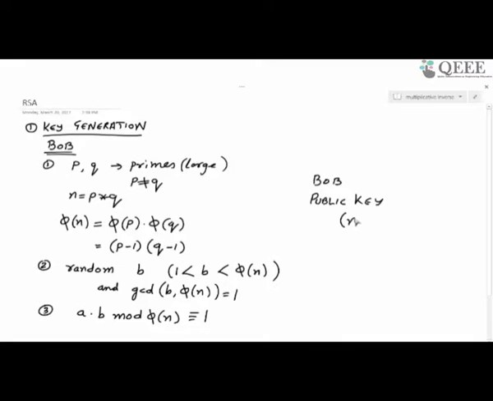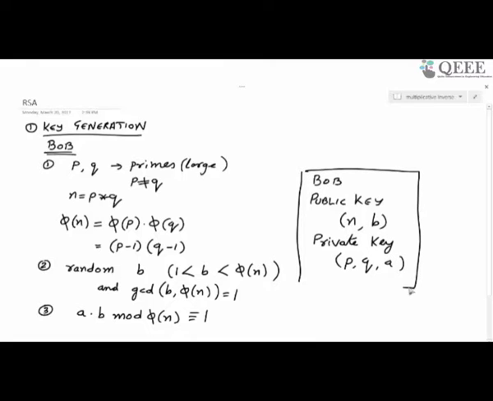Okay, so given these three steps, Bob would define the public key as the tuple n comma b, and the private key is defined as the primes p, q and a. So this is what Bob does initially.